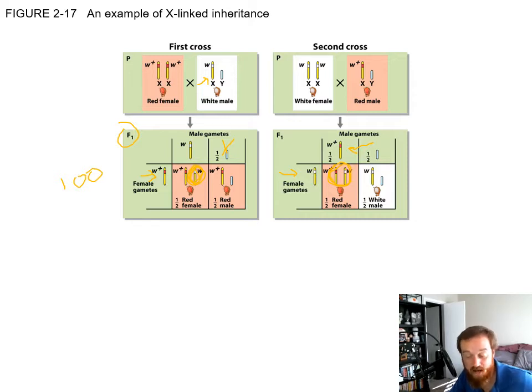If they got the Y, then they become a male, right? So all the males are white, because in order to get this Y chromosome, you also had to have gotten a white chromosome from your mother, so you have XY and become white males.